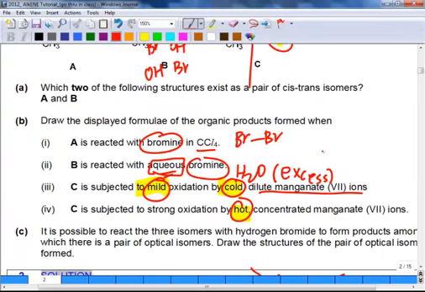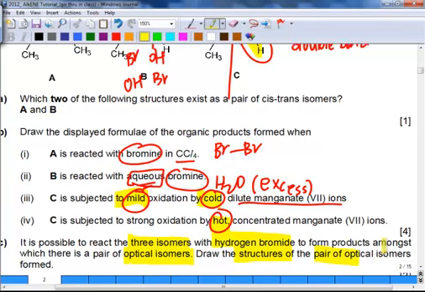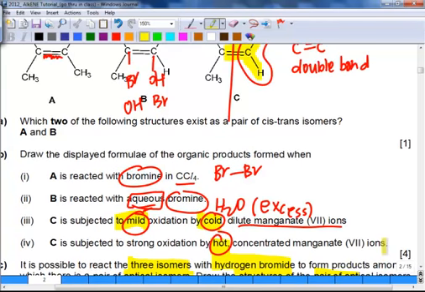They say it is possible to react the 3 isomers with hydrogen bromide to give products, and the products have some optical isomers. Draw structures of the pair of optical isomers. When you react with hydrogen bromide, remember we said in the tips lecture, we have HX. Hydrogen bromide is like HX.